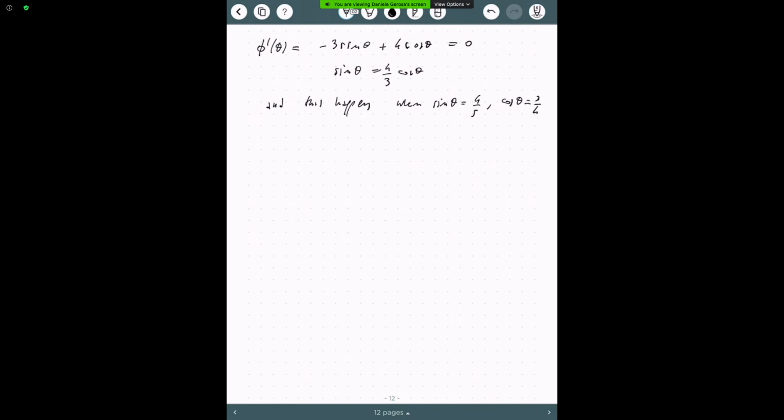I think also minus is possible, or sine theta equal to minus this, cosine theta equal to minus this. Yeah, and then you compute the value, and then you compute the points, and one will be the max and the other will be the min.